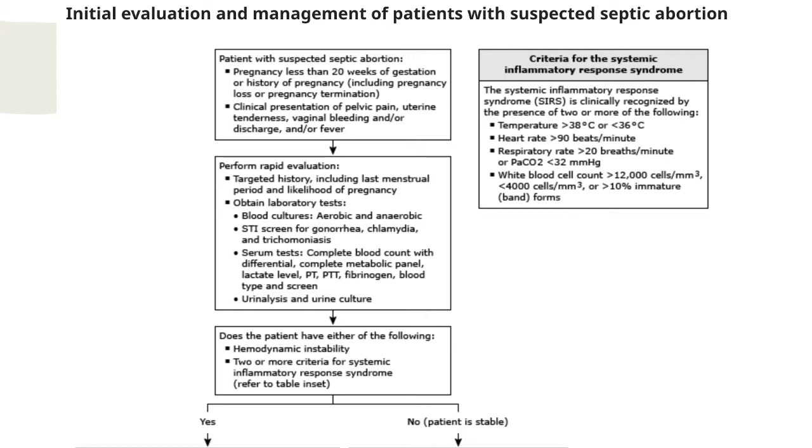And then the algorithm will divide people into the following: either hemodynamically stable or hemodynamically unstable, and/or meeting 2 or more criteria of CREOG, which is the table here.